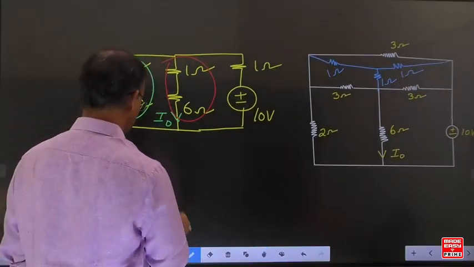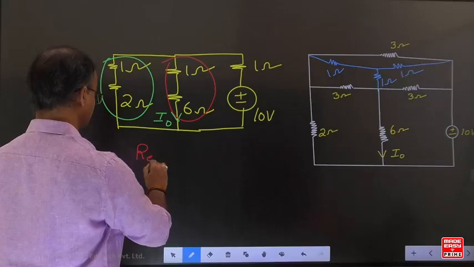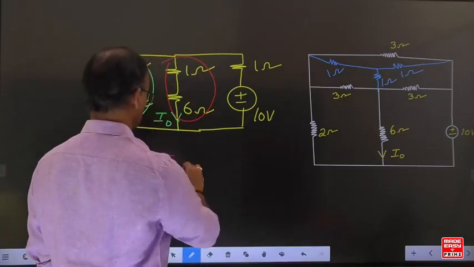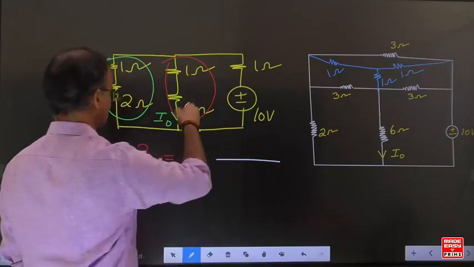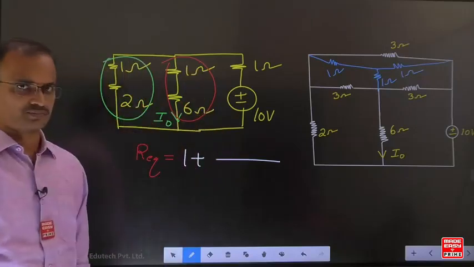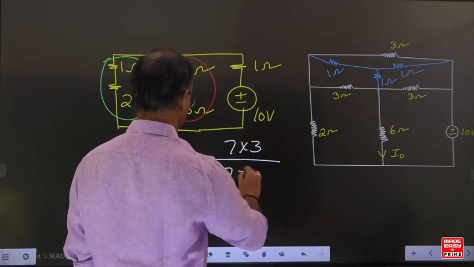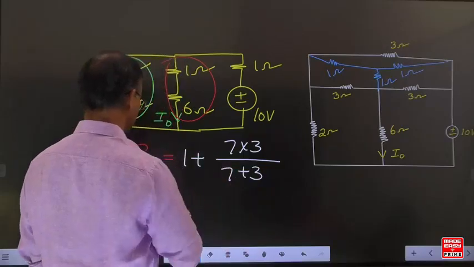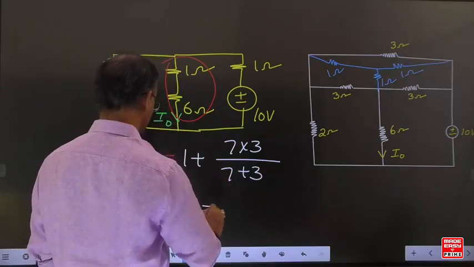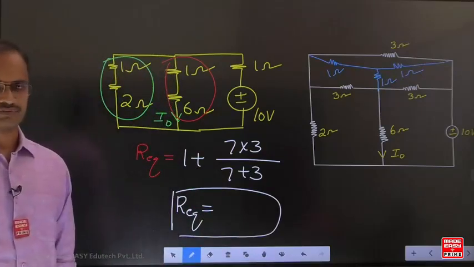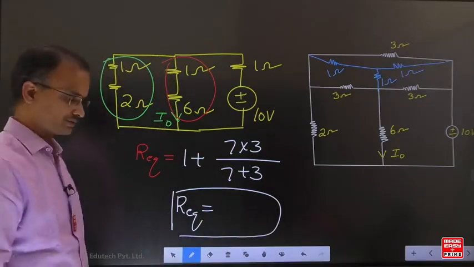Can you find out the equivalent resistance? What is this one? It is 7. 7 and 3 both are connected in parallel. If you simplify this one, what is the equivalent equal to? Simplify it.